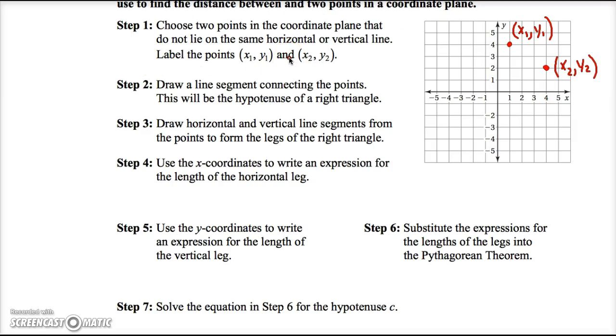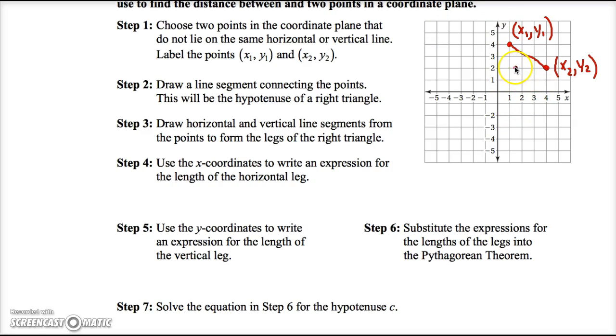Step 2 says draw a line segment connecting the points. So I did that. And this will be the hypotenuse of a right triangle. Okay, so we'll keep that in mind as we keep going. Step 3 says to draw horizontal and vertical line segments from the points to form the legs of the right triangle.